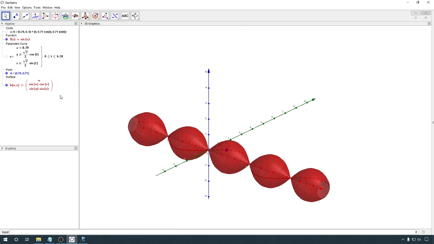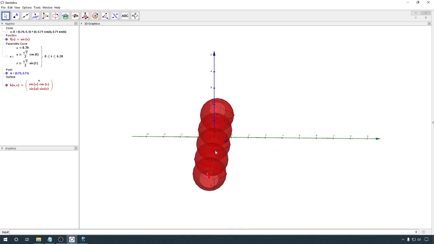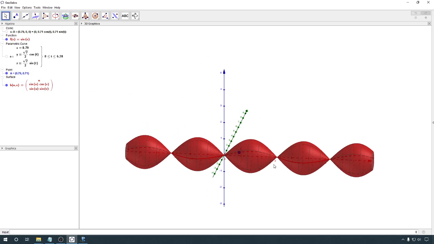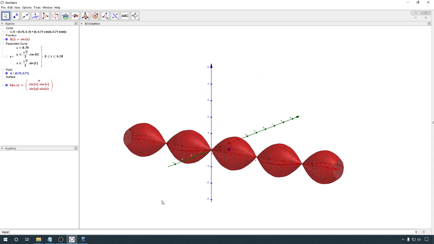But the point here is that even though you might say that this is kind of an issue, that it kind of intersects itself, there's actually not an issue when it comes to doing the surface as a parameterized surface. But being able to work with surfaces of revolution this way is very, very, very useful.